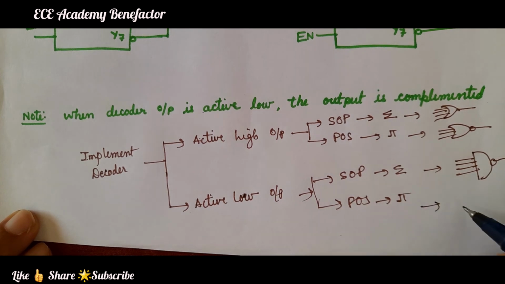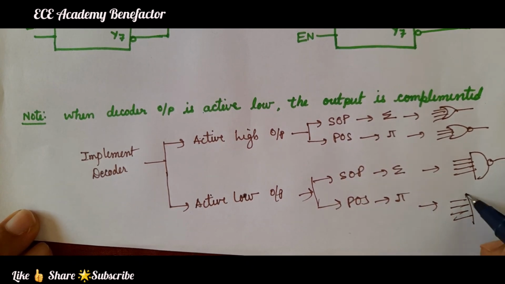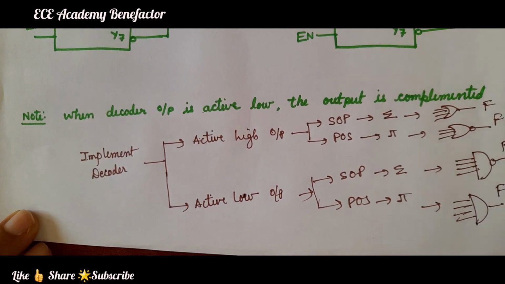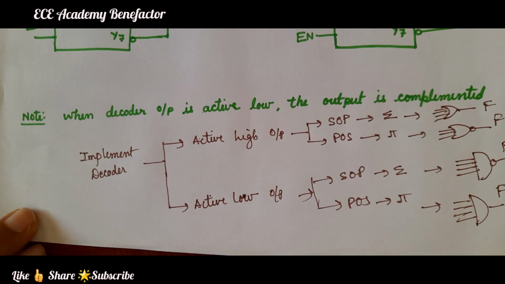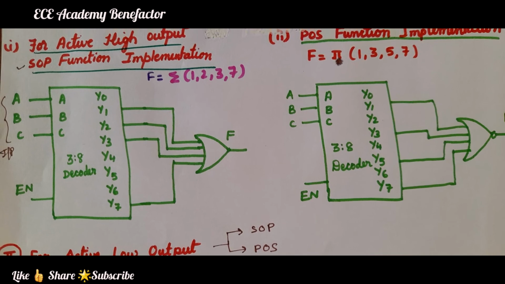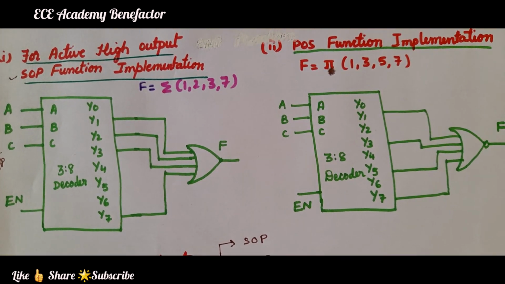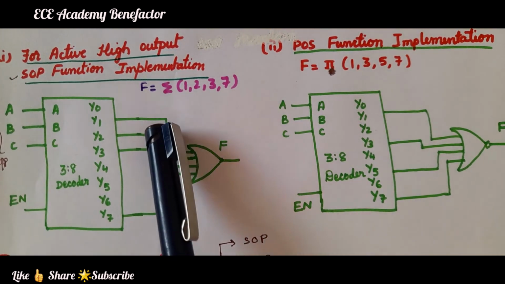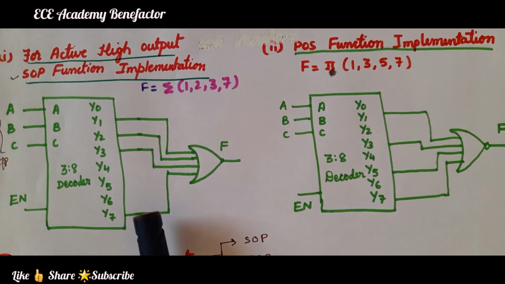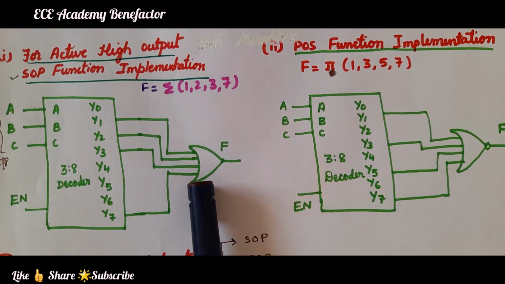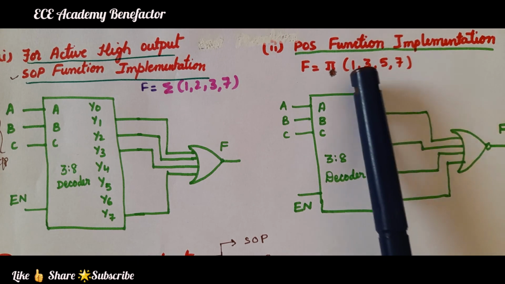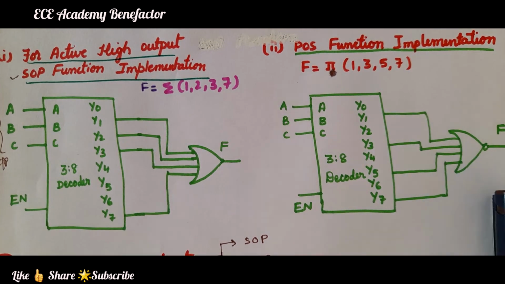For POS form, the outputs are active low and are connected to an AND gate to generate the function. In this way we can implement the decoder. It is easy: if the question does not mention whether to go for active high or active low output, you can go for active high output. If it is SOP form, connect the list to an OR gate, and if it is POS form, connect the list of max terms to a NOR gate.